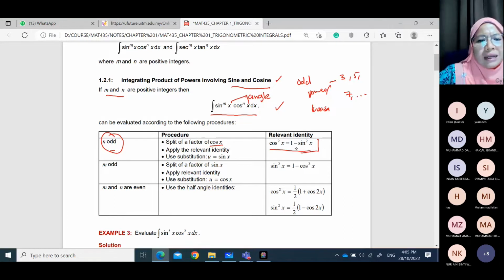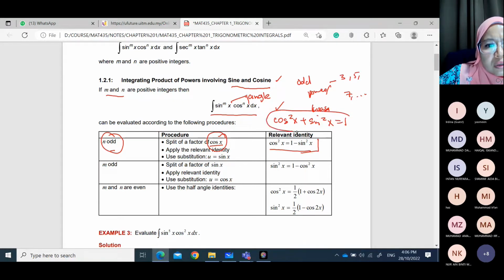Sekarang kita tak tahu nak guna identity yang mana. So mudah je. Kalau you faktorkan cosine, so identity yang you perlu gunakan adalah yang ini. Cosine kuasa 2 sama juga dengan 1 tolak sin kuasa 2. So dia punya datangnya identity yang ini adalah daripada trigonometric identity sendirilah, iaitu cosine square x plus sin square x equals to 1.